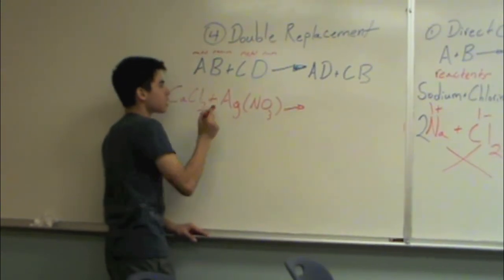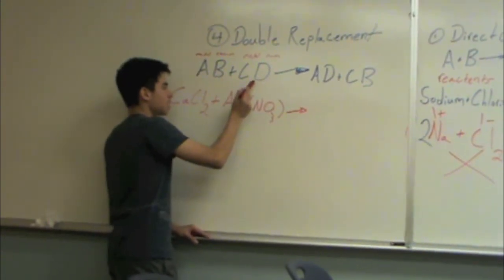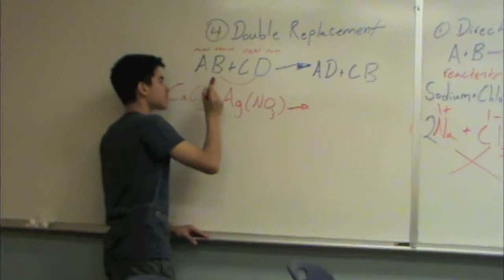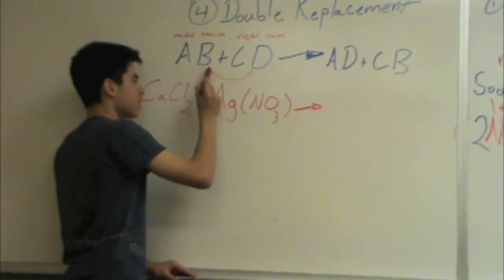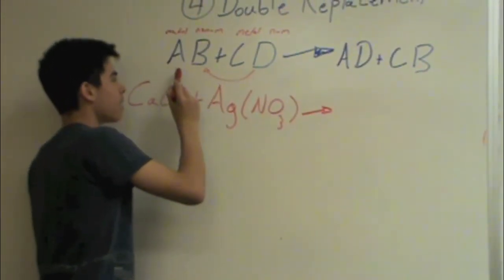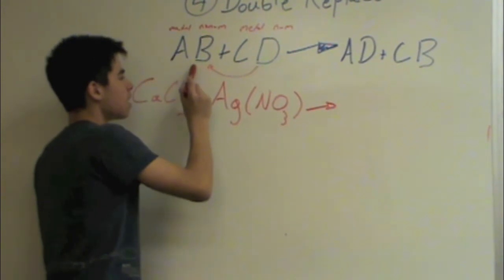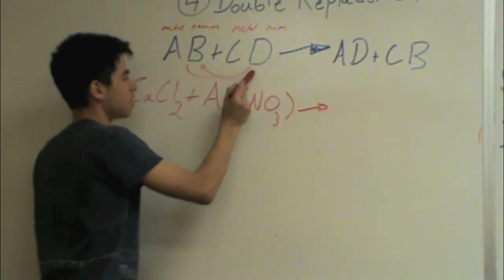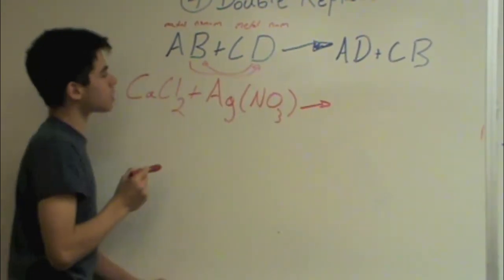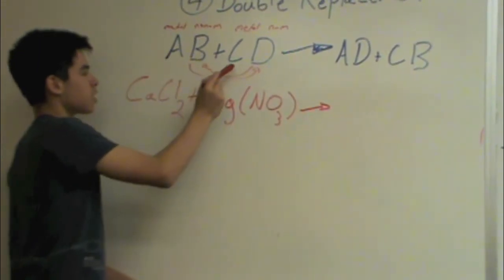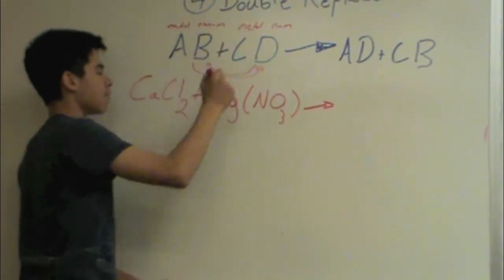Now in this reaction, the nonmetal from CD is going to replace the nonmetal from AB, and the nonmetal from AB, which is B, is going to replace D. So basically, just think about it as the 2 metals switching partners and trading nonmetals.